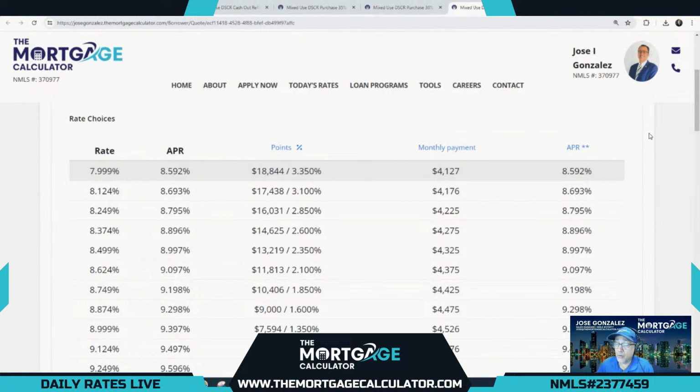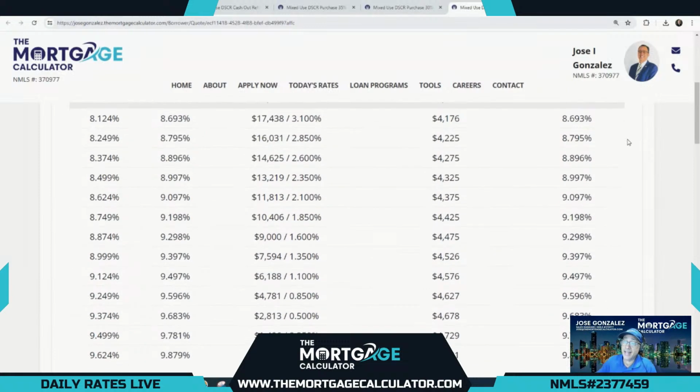The typical commercial mixed use options are probably 1 or 2 percentage points higher than that, with a higher cost to the borrower. So this is an amazing product here.